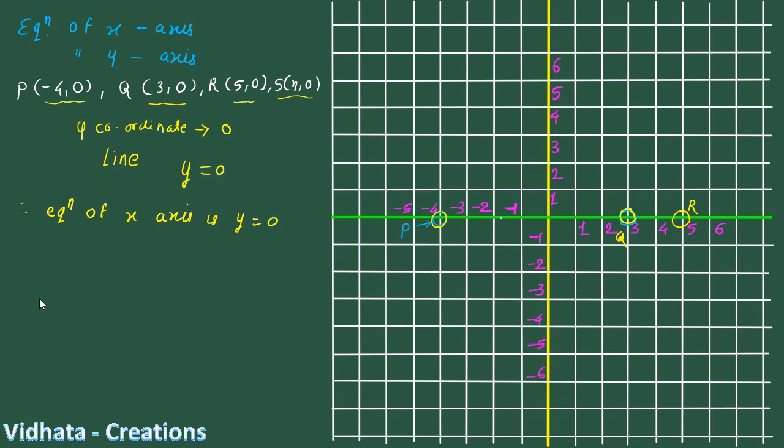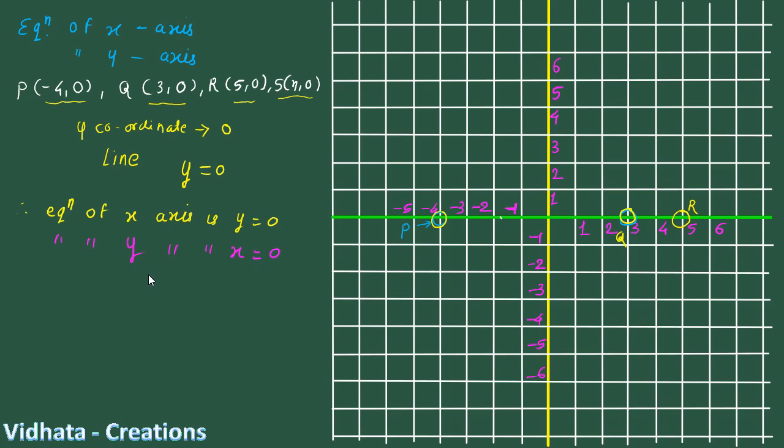Similarly, from this you can conclude that the equation of the y-axis will be x is equal to 0. In the case of the y-axis, the y coordinate will change, but the x coordinate will remain 0 only.